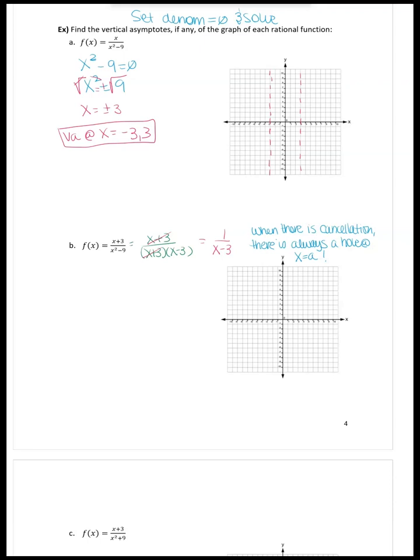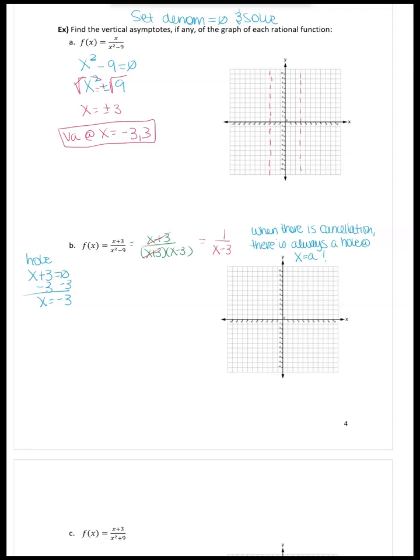So we take the one that we canceled, x plus 3, set that equal to 0 and solve to see where our hole is going to be. I'm going to write hole here. We just subtract 3 from both sides, so our hole is going to be at negative 3.